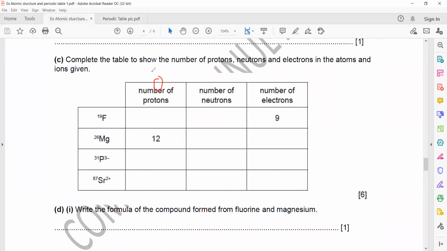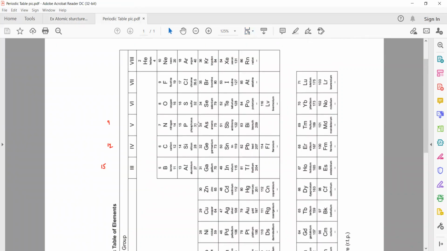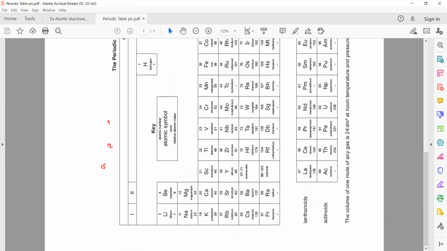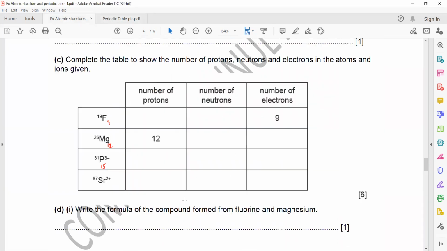So for fluorine, we'll write 9. Magnesium, when you check the periodic table, it is 12. Phosphorus is 15. And strontium is there, the group 2 element strontium, which is 38. So this is 38.